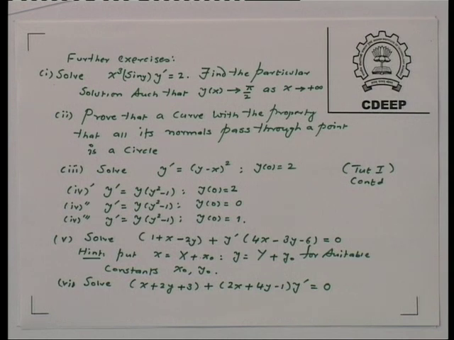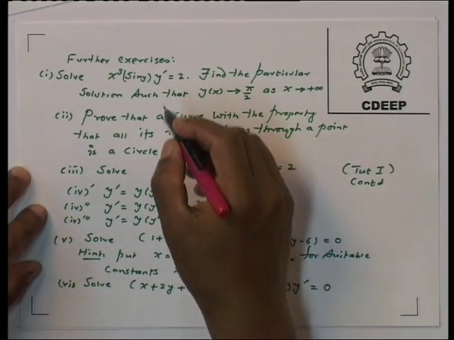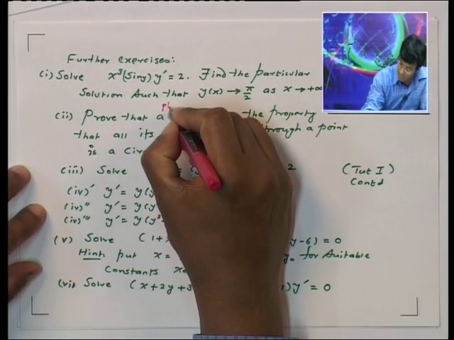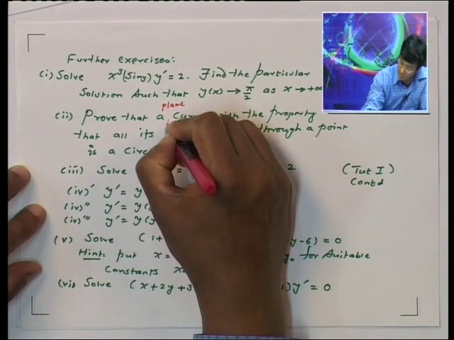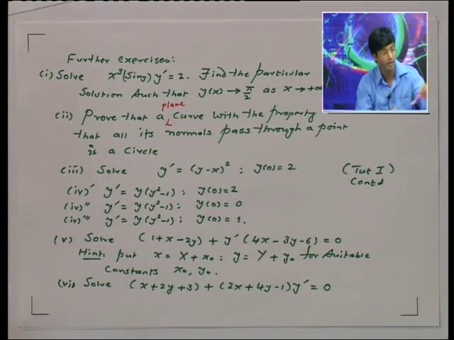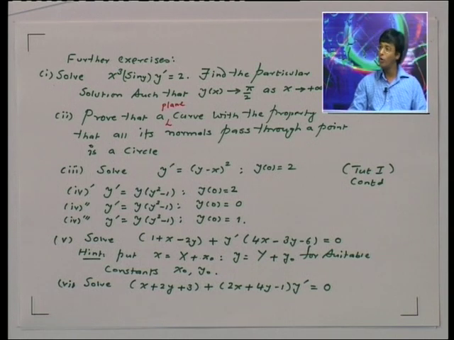You have a curve with the property, a plane curve, with the property that all the normals pass through a point. Take this point to be the origin and get a differential equation. Solve the differential equation and check that the curve is a circle.